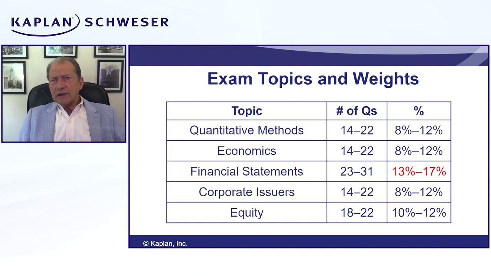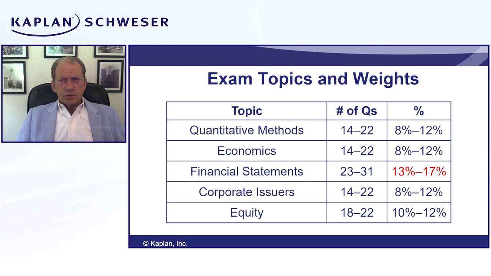And over on the right-hand side, I've got the percentages, and I put the financial statements in red because that's the biggest one. That is the biggest weight for the level 1 exam. You should know how to read financial statements, income statements, balance sheet, cash flows, know the difference between IFRS and US GAAP accounting rules, all those sorts of things.